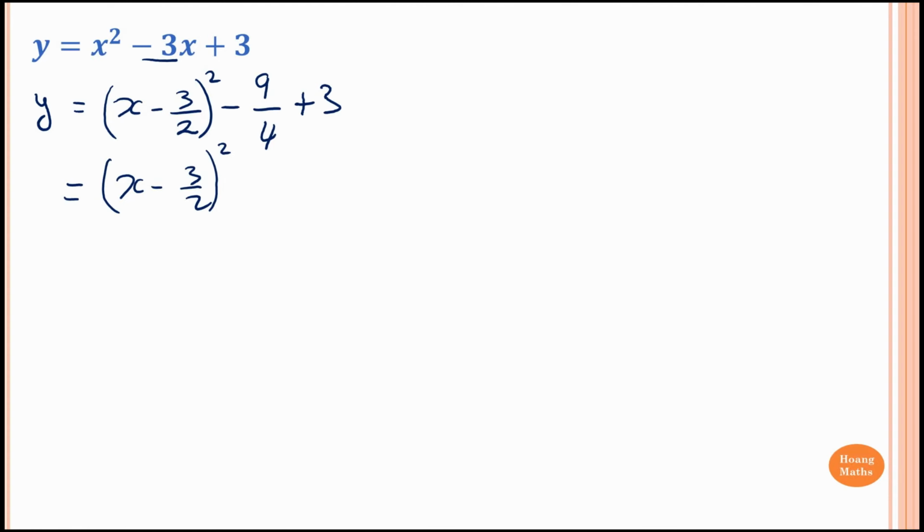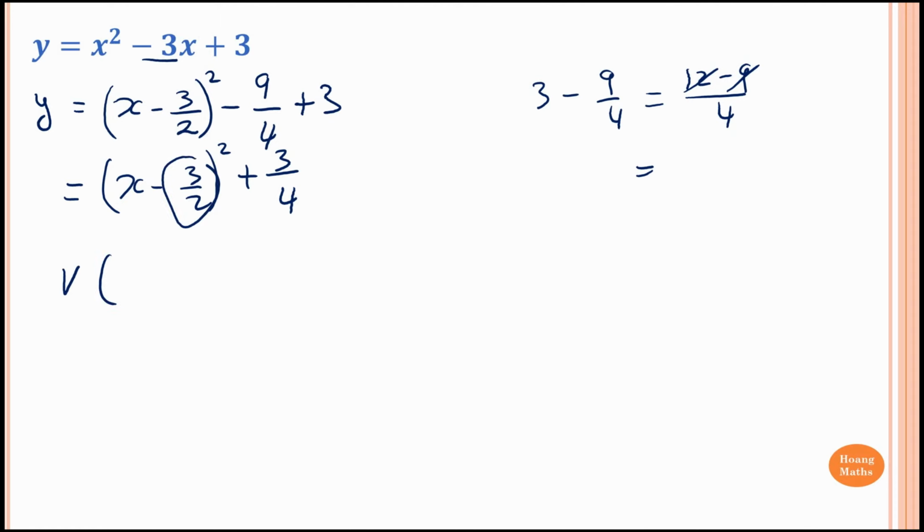So that is equal to, 3 minus 9 over 4 is the same as 12 minus 9 over 4. So 12 minus 9 is 3. So that is 3/4 left, which is plus 3 over 4. So therefore, the vertex is 3 over 2, which is 1.5, and 3/4.